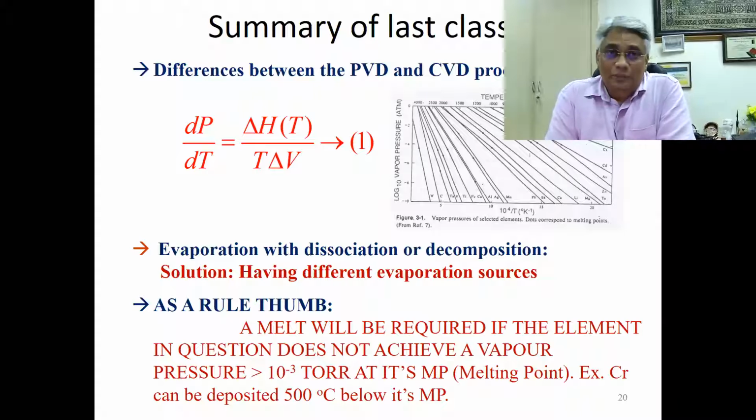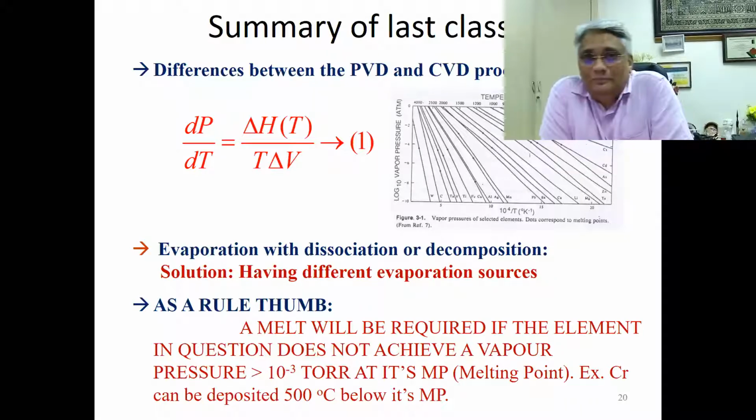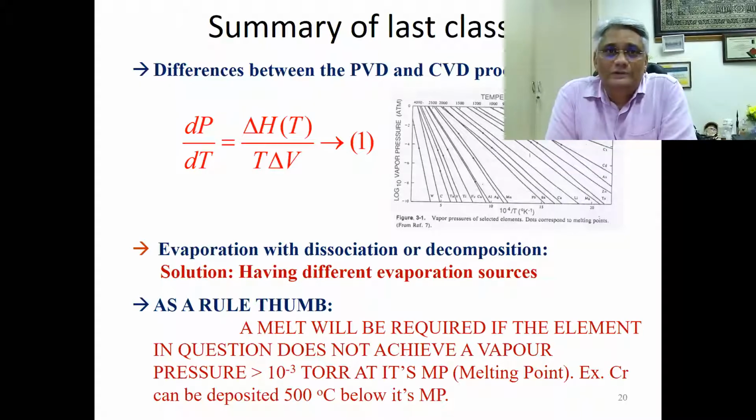I also mentioned an important point where, as a thumb rule, a melt is always required if the element in question does not achieve a vapor pressure of greater than 10 raised to minus 3 torr at its melting point. There are some very good examples. Chromium is a very good example where you can start depositing chromium.